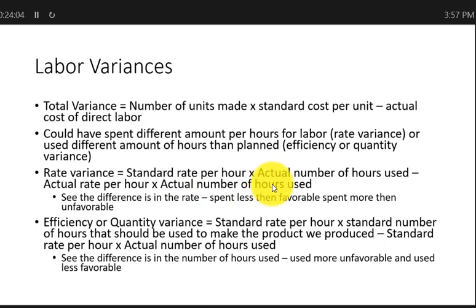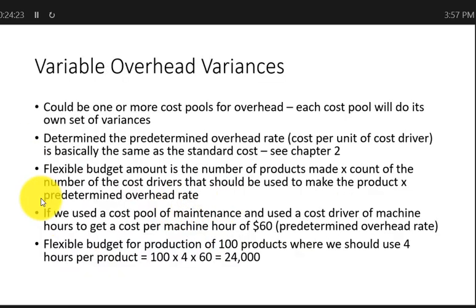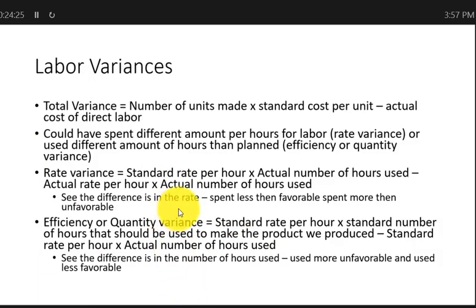Notice the actual number of hours used is the same in both, so the only difference is standard and actual. The difference between these two rates times the actual number of hours is the variance. If we spent less per hour, then it's favorable; more, unfavorable.